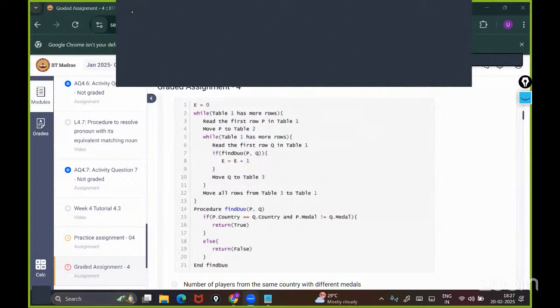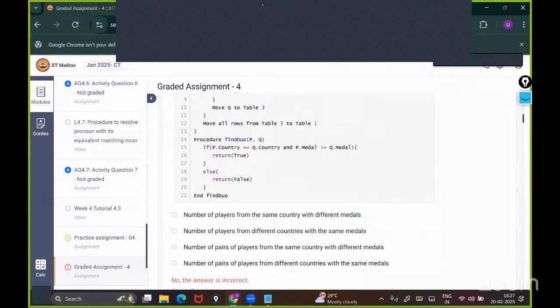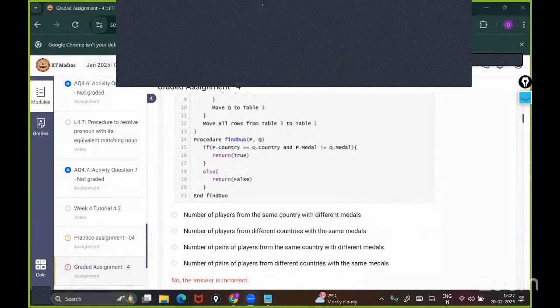Can you show option? Ma'am, option C would be correct.